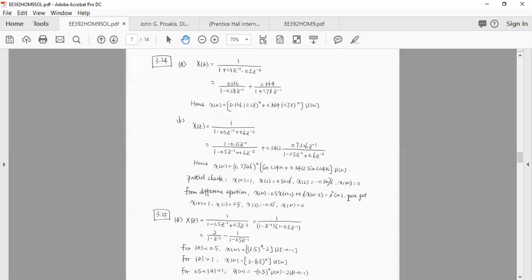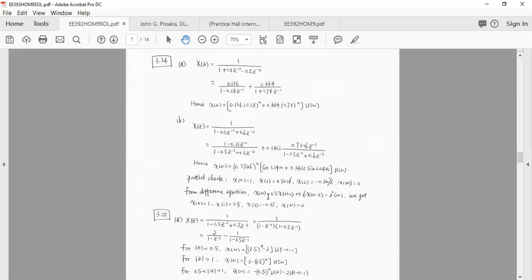Now we can evaluate this. If it's a causal signal, it falls on the right hand side, on the positive side of the real axis, so it includes 0 and all the positive values. So x of negative 1 is going to be 0, x of negative 2 is going to be 0.